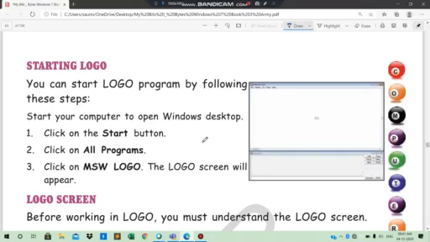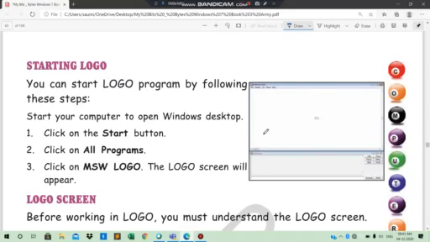First you have to click on the start button, then click on all programs, and then click on the MSW Logo. The Logo screen will appear.